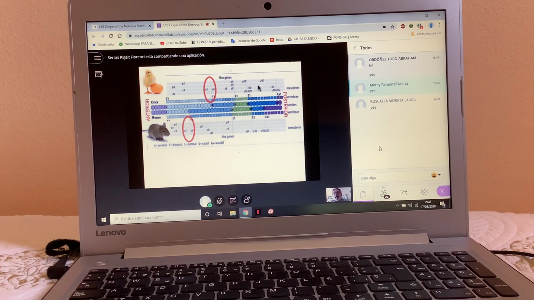For example, and this is something that is conserved in vertebrates, the transition from cervical to thoracic to lumbar to sacral or to caudal vertebra is exactly indicated by the same code, the same combination of Hox in chick as in mouse.